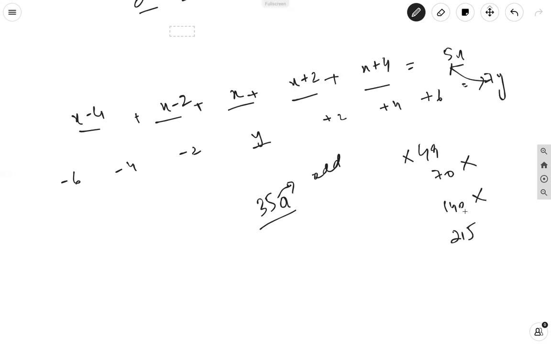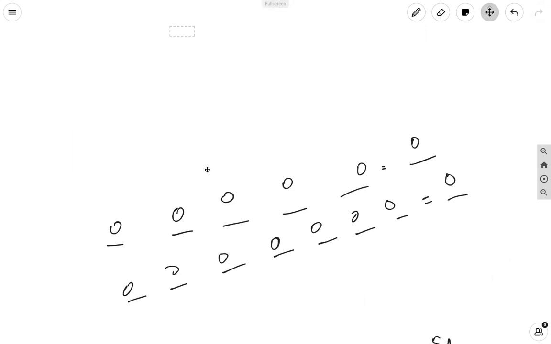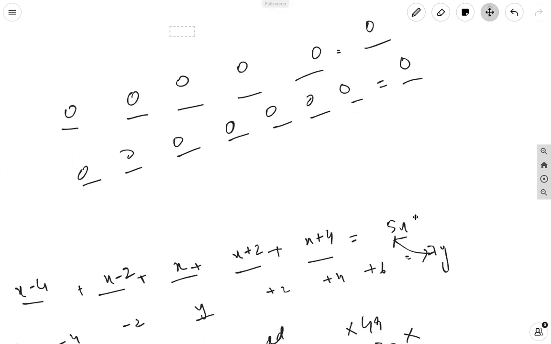Is 215 a multiple of 35? No. And the last option is 525, and 525 is an odd multiple of 35. Yes. Right? Okay.